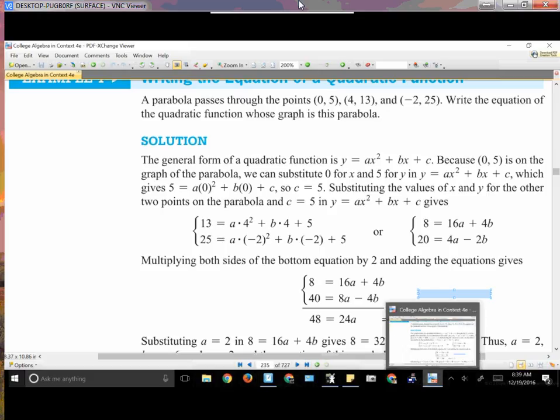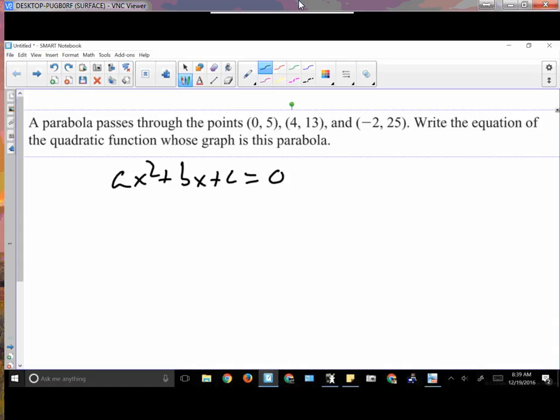So when I am looking at this, what I would do is for the first equation, I know that if I put 5 in, it's got to equal 0. So that means that I'm going to have an equation that looks like this. a times 5 squared plus b times 5 is going to be equal to, what does it say it's supposed to be equal to? I did that wrong, didn't I?